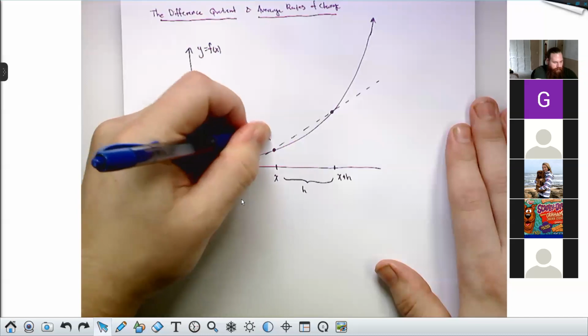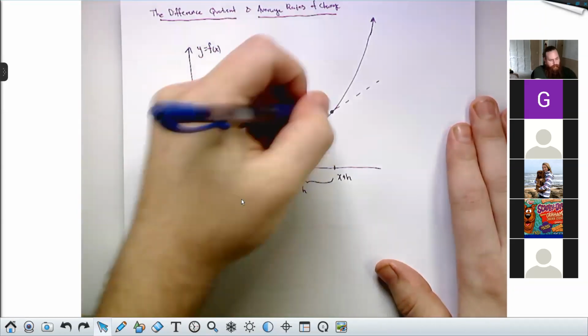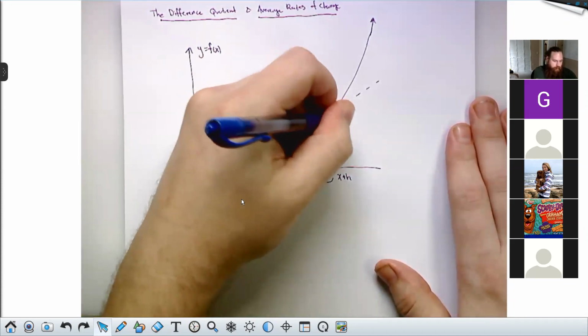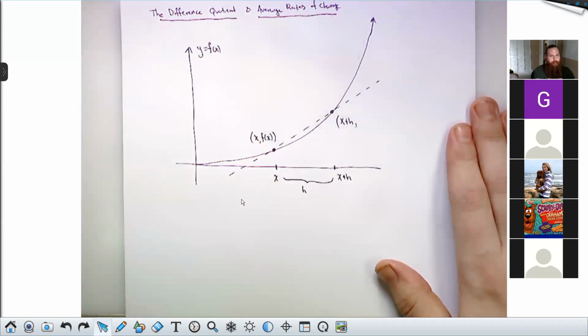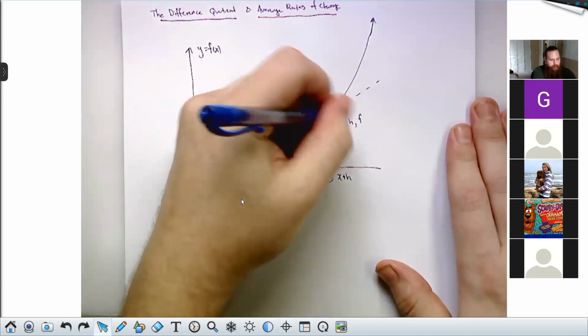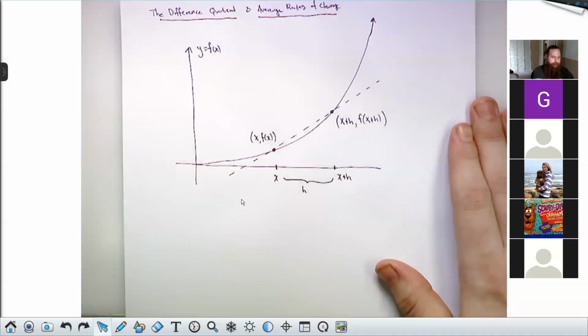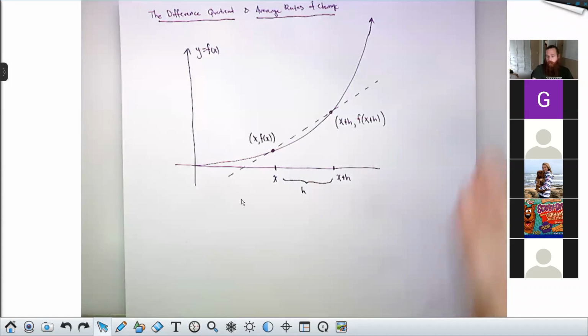So this point right here is x, comma, f of x. This point right here, the x value is x plus h. What's the y value there? It would be f of whatever this is. So f of x plus h. Which means that that difference quotient thing that you guys have been made to work with in the last homework is really an average rate of change.